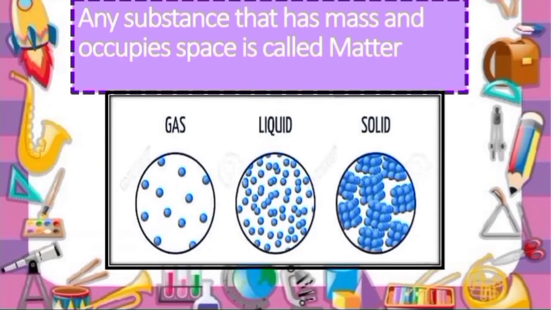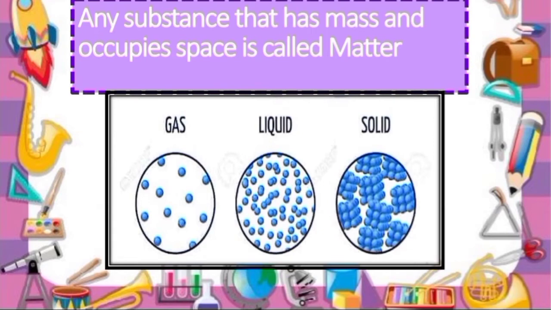Do you remember what is matter? Matter is made up of very tiny particles and these particles are so small that we cannot see them with naked eyes. It has been observed that matter exists in nature in different forms. Some substances are rigid and have a fixed shape like wood and stone.